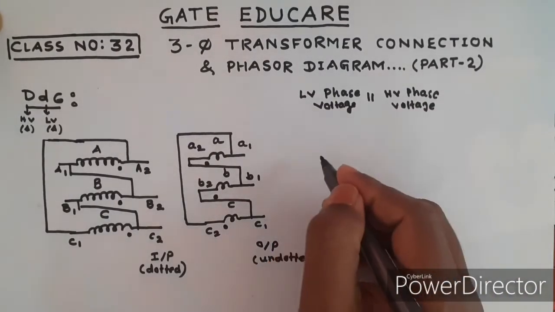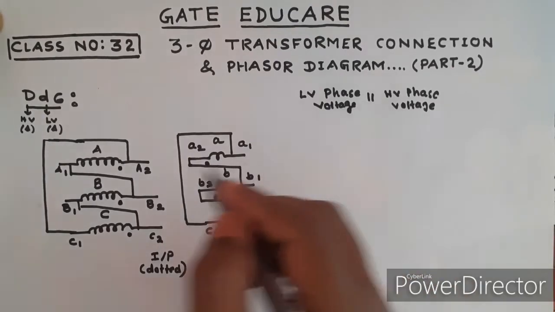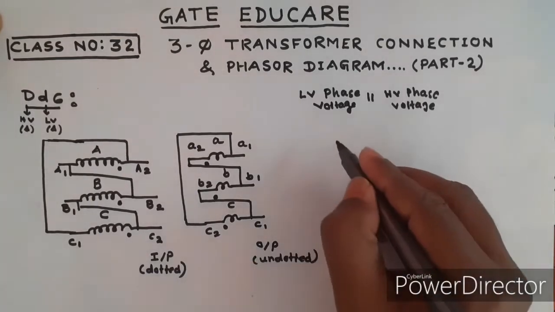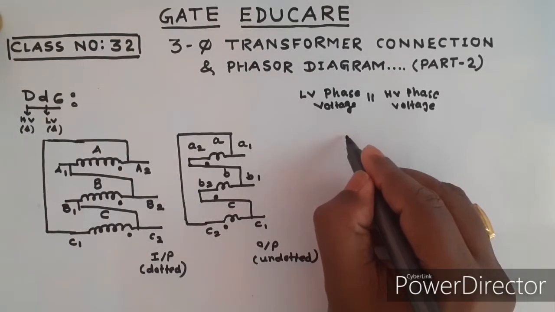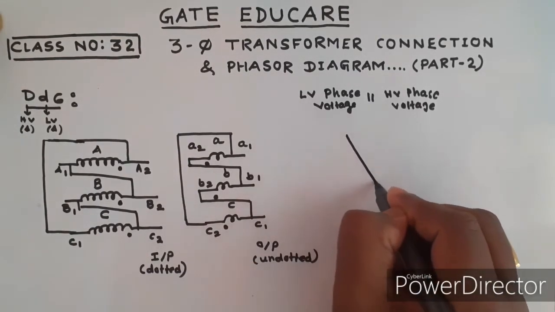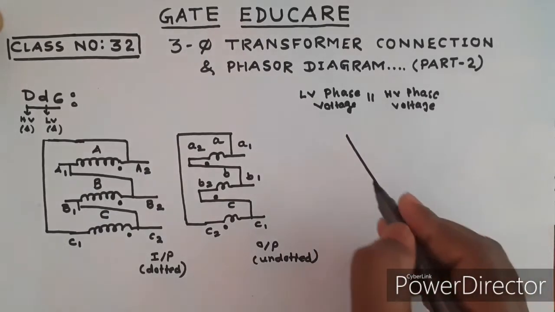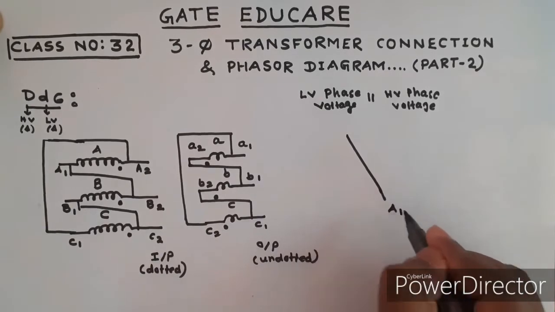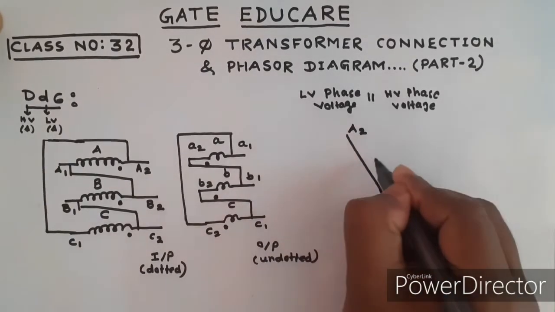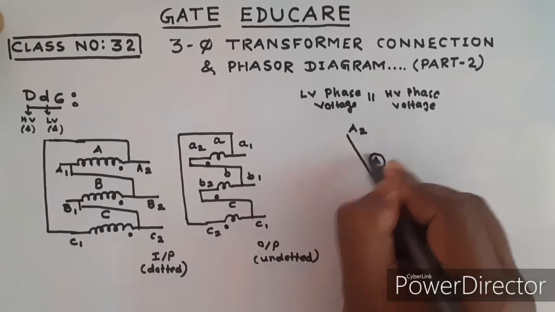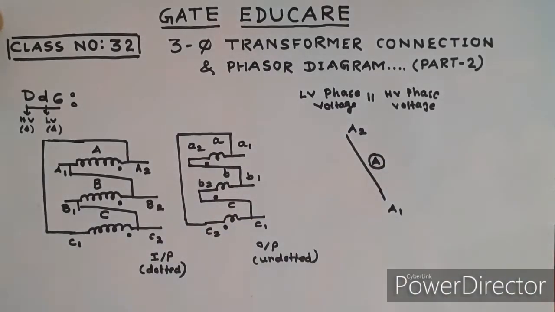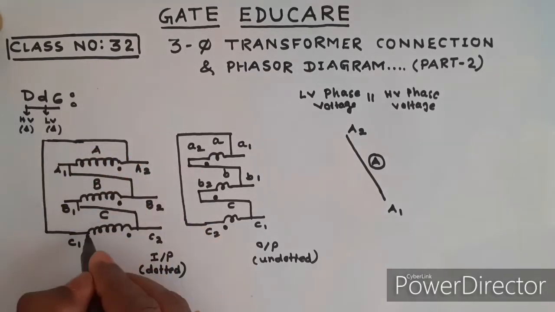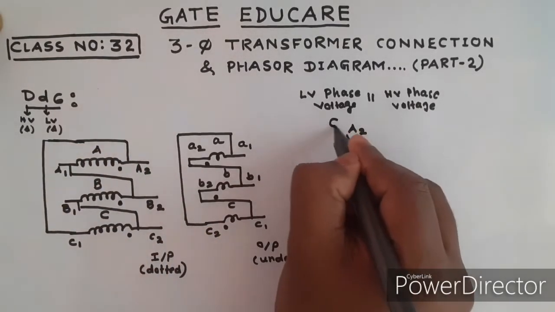For drawing the phasor diagram, I arbitrarily draw the phasor diagram of high voltage first. Suppose this is the A phase. This is A1, this is A2, and this is your A phase phasor. Now here A2 is connected to C1, therefore it will be C1.